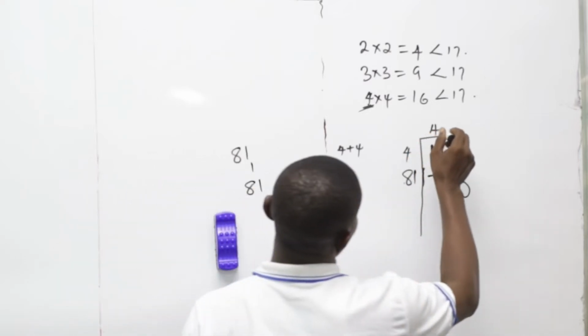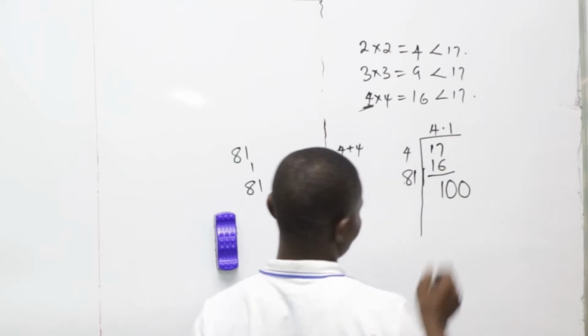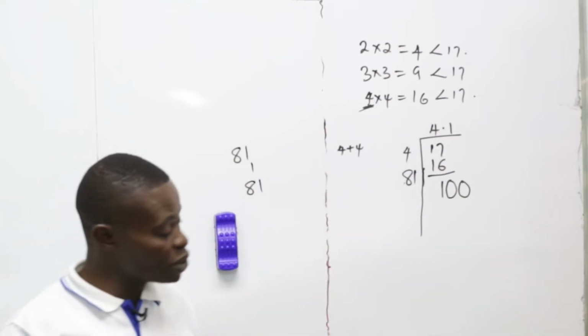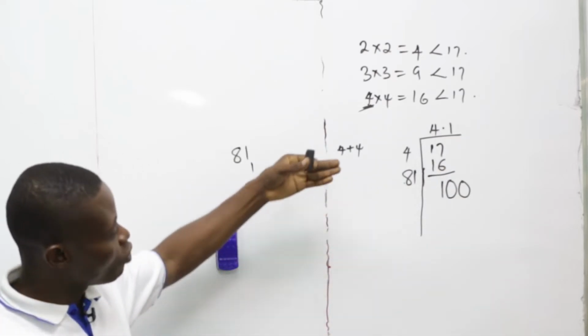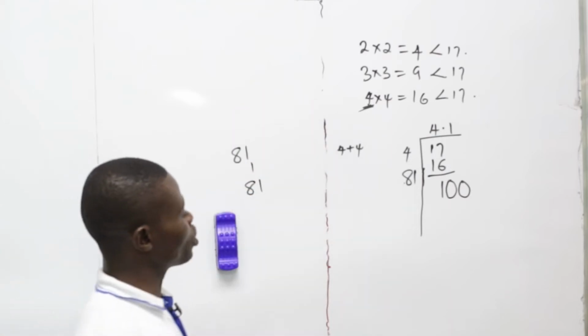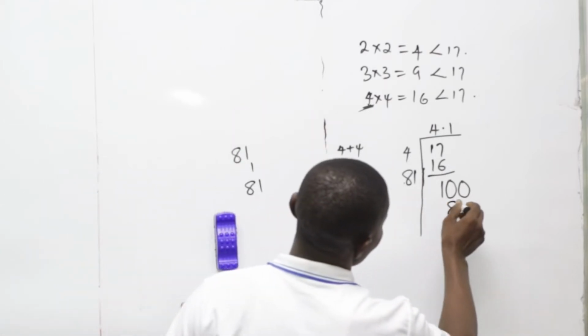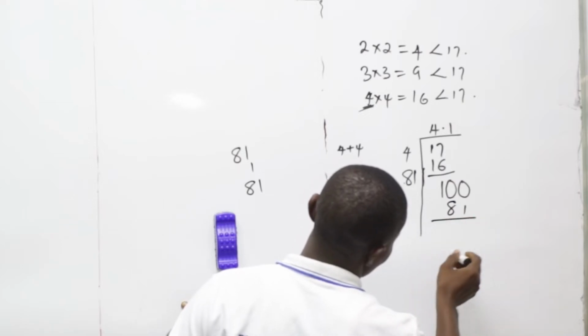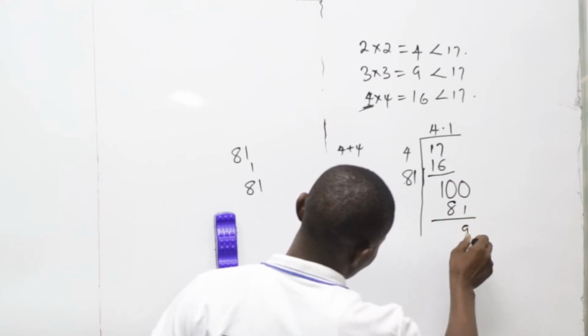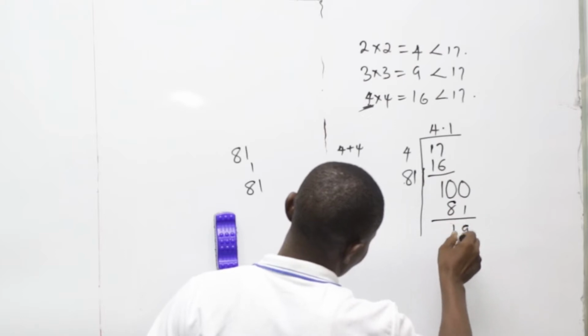Meaning 4.1. When you want to check the square root of 17, if you punch your calculator, it will give you 4 point, starting from 1. So, you write 81, subtract, this is 9, 10 minus 1 is 9, here is remaining 9, which is 1.